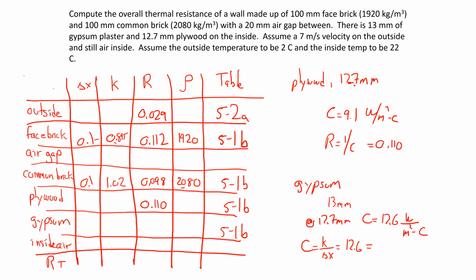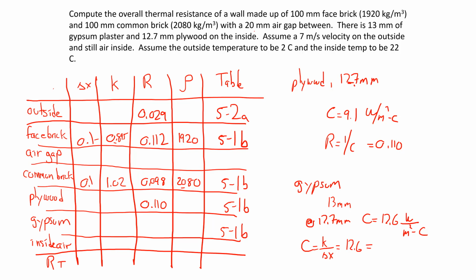And then we have to look at the thickness of the airspace. It's telling us that there's a 20 millimeter airspace gap. In the table you have numbers for 13 millimeter airspace or 20 millimeter airspace, so we're going to go to the 20 millimeter airspace.